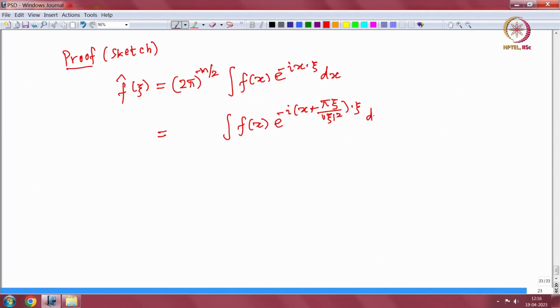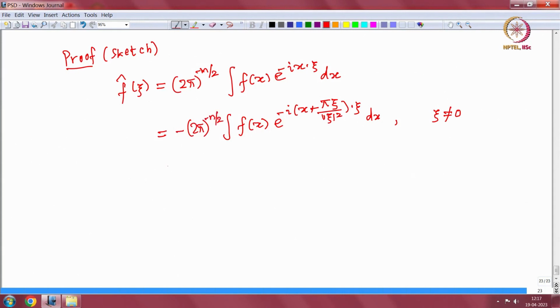Since we are interested in what happens as mod j tends to infinity, we can take j to be non-zero and large. So, we are adding: e to the minus i x j is there, and the second one gives me e to the minus i pi, which is a negative factor. So, there is no change at all.